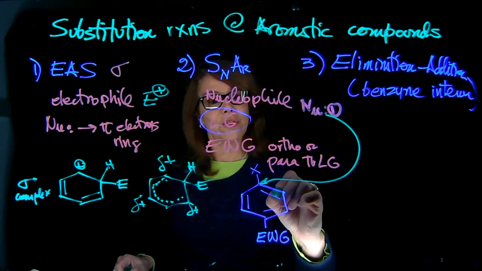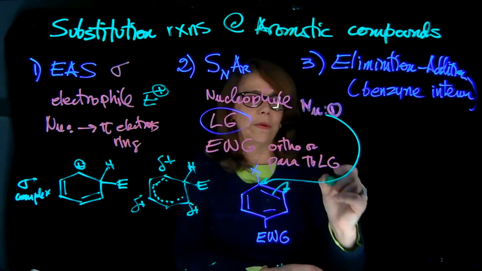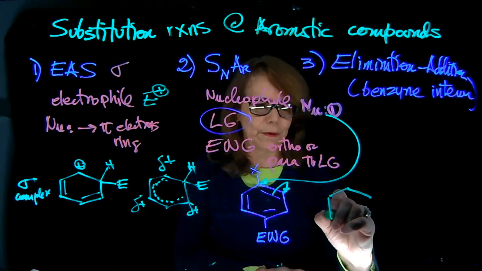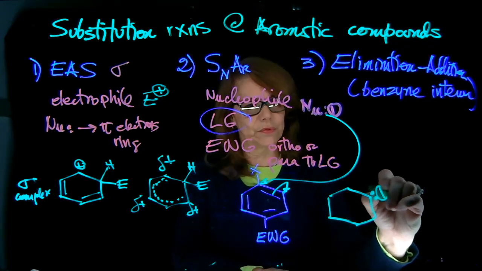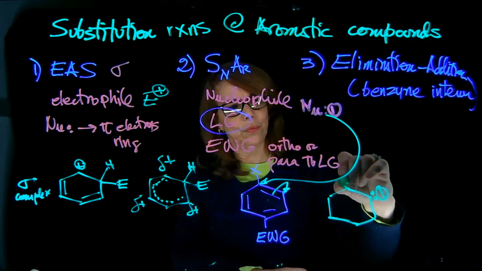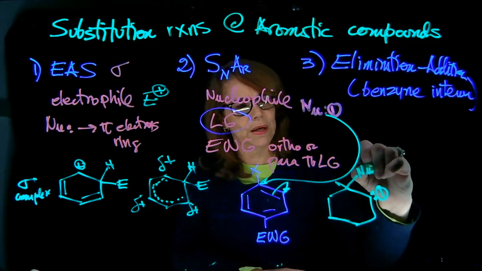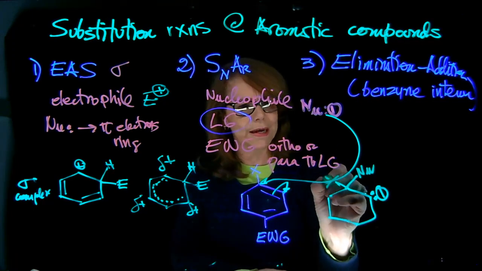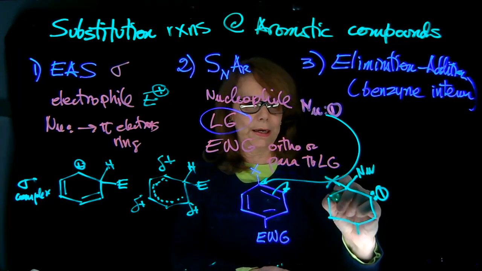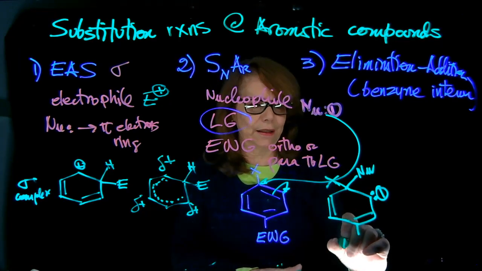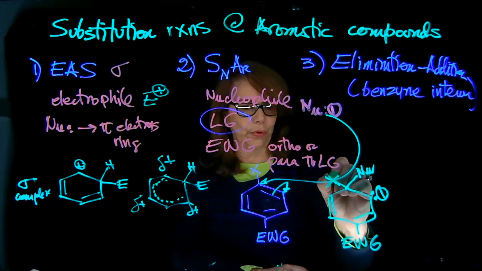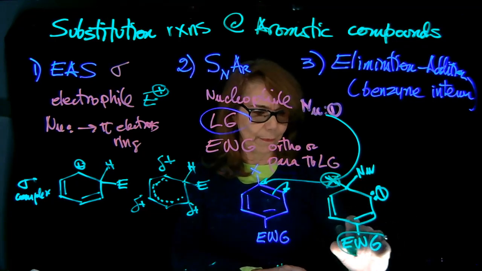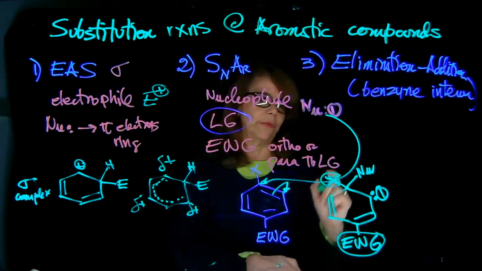So here, when you do that, you form the following intermediate. The intermediate this time will have a negative charge. And now you have here, say, the nucleophile, X, my leaving group, and an electron withdrawing group. And as you see, the electron withdrawing group is, in this example, para to the leaving group.